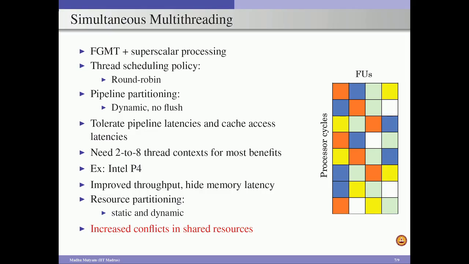In the second cycle, again we can issue 4 instructions at max, because this system supports 4 issue, but because of the dependencies we are not able to find independent instructions. In this particular cycle, we issued only 3 instructions from 3 different threads, and this thread is not able to issue its next instruction.